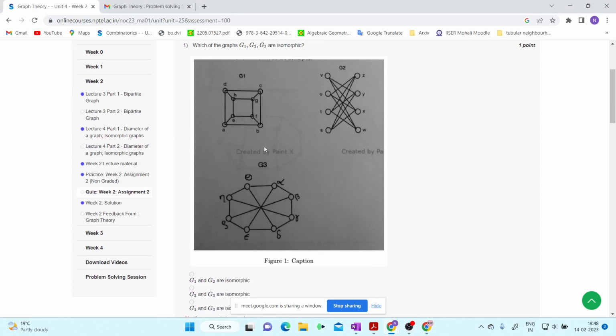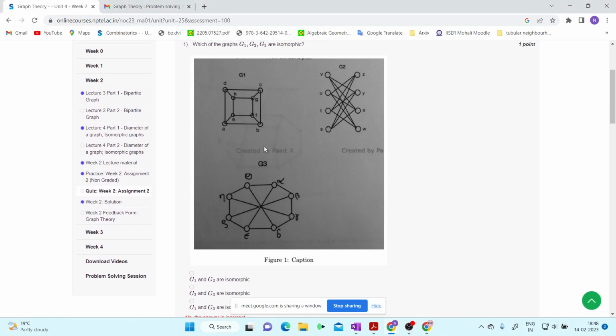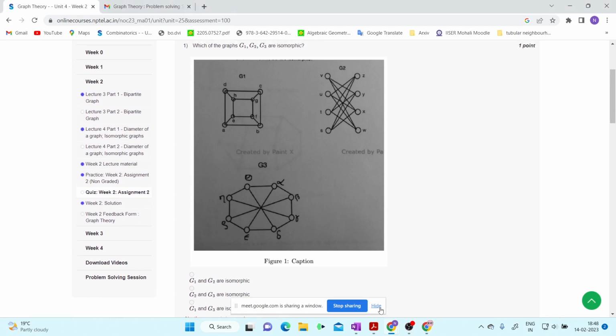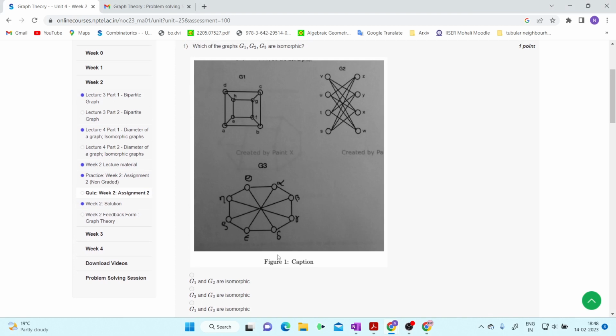So for the first question, what was the answer? Which of these graphs are isomorphic, among G1, G2, G3? This wasn't solved in the online session, but we answered it.